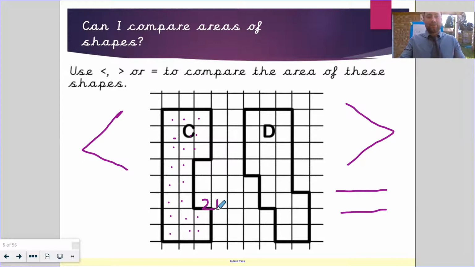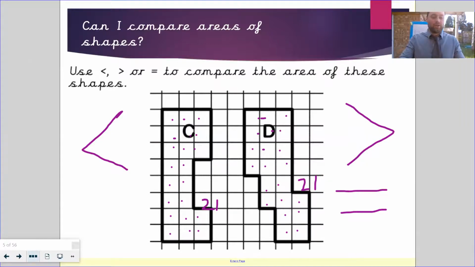So that has an area of 21. And we've got 1, 2, 3, 4, 5, 6, 7, 8, 9, 10, 11, 12, 13, 14, 15, 16, 17, 18, 19, 20, 21. We also have 21 squares in this shape. So both shapes have the same area, but they look completely different. But that's okay, that can happen.